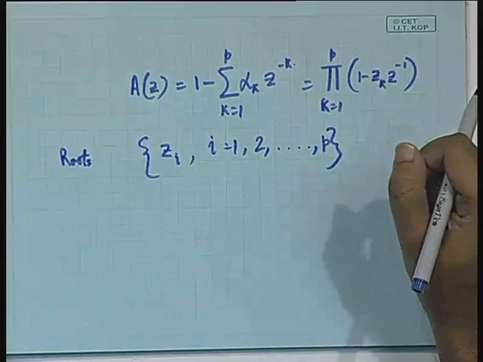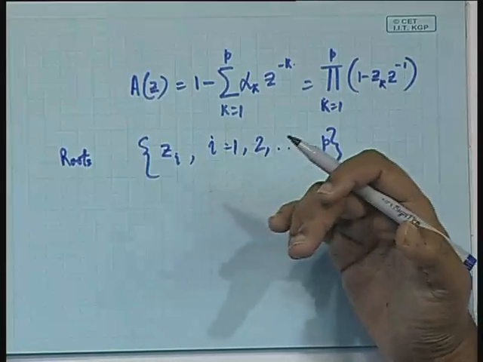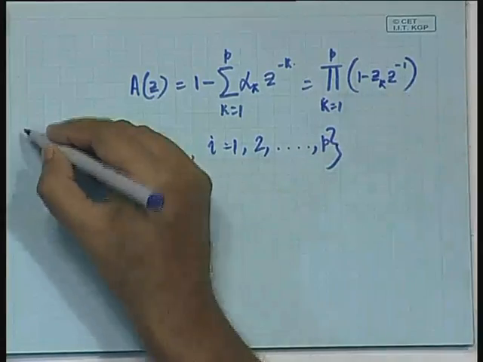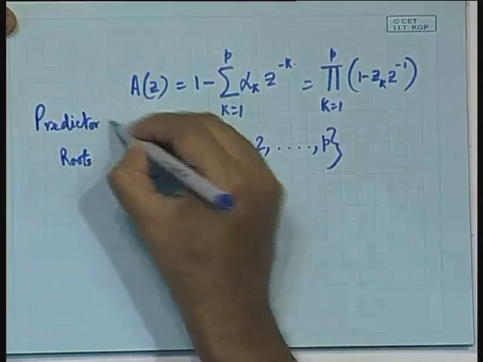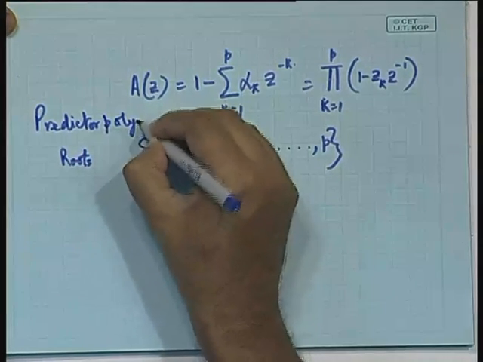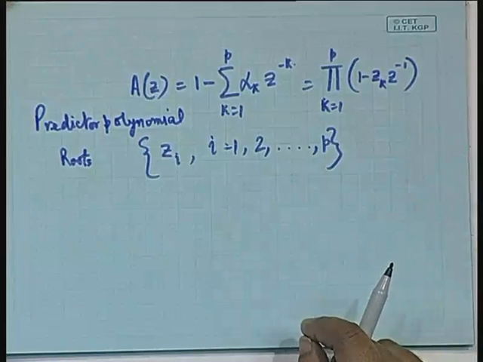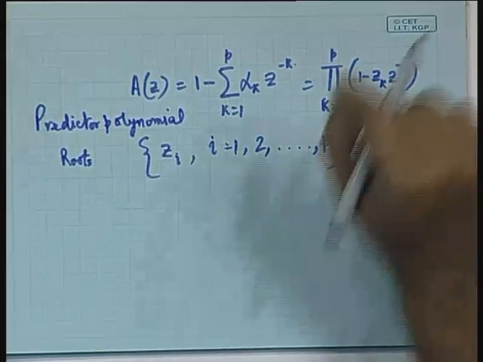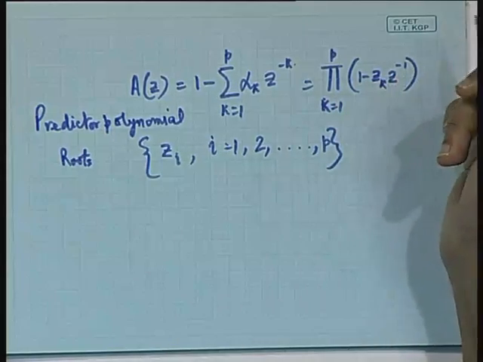So, instead of using the alpha k's, we could also use the predictor polynomial roots. These roots are in the z plane, and instead of expressing them in the z plane, we can express the roots in the equivalent s plane representation also.